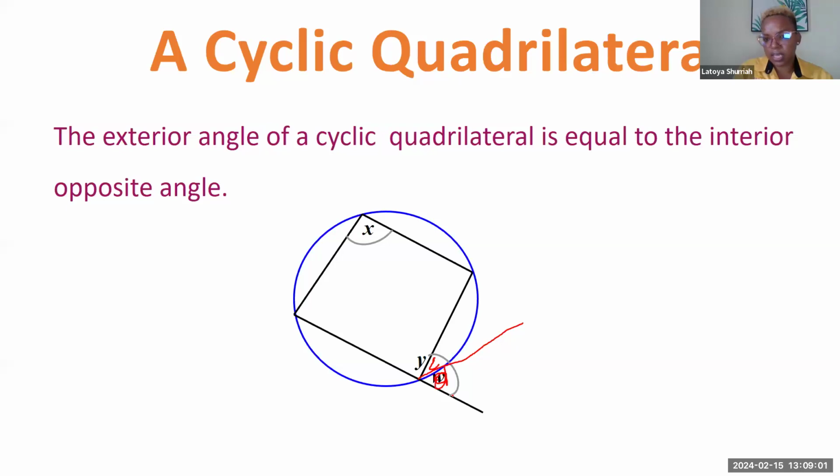You understand what I'm saying? It has to be the entire angle that is formed on the exterior, even if it is separated into two angles. Does that make sense? Yes, Miss. Okay. For the other people in the chat, does that make sense?